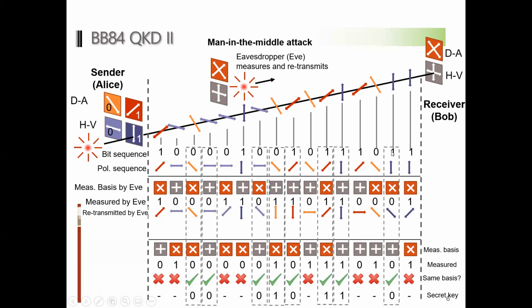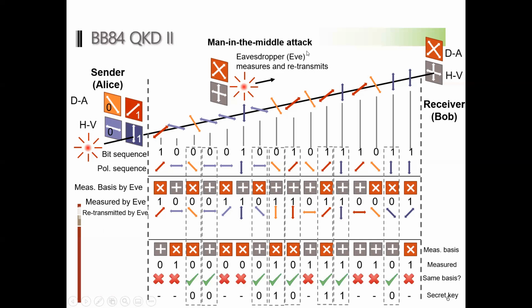And now you can see that they do not always match. Sometimes they are different, and sometimes they match. In the previous case when there was no eavesdropper, even though Alice and Bob did not match their bases all the time, at the end of the photon transmission, once they compare their bases, at least they can figure out which of the photons were correctly transmitted, and they will just extract the secret key based on this matching.